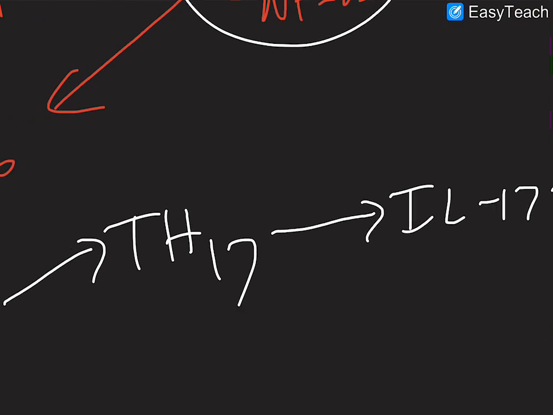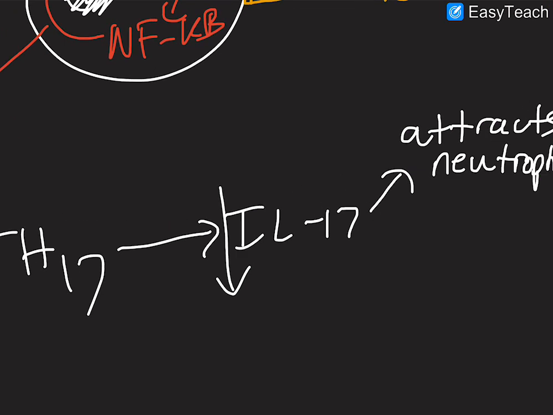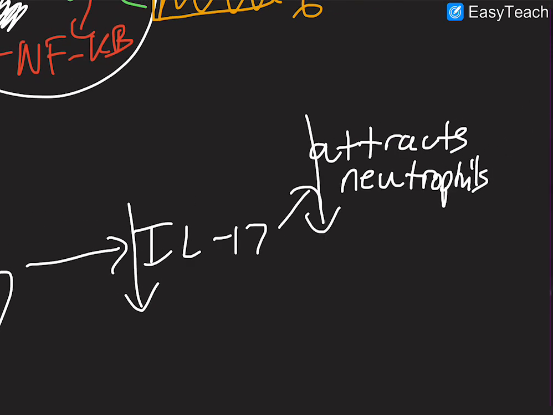If you have low Th17 cells, you're not going to be able to attract as many neutrophils to the area, especially if you get a fungal infection like Candida. That's why HIV patients or immunodeficient patients have an increased chance of Candida infections.